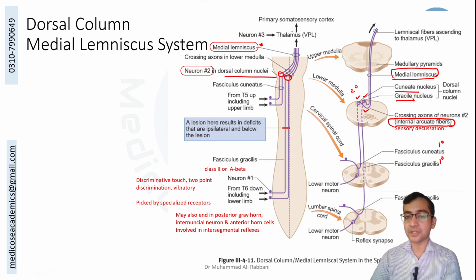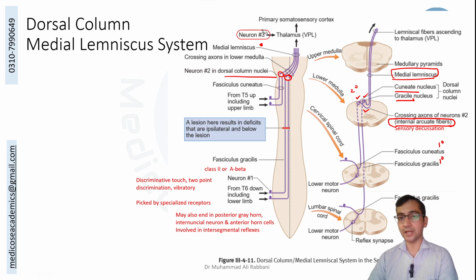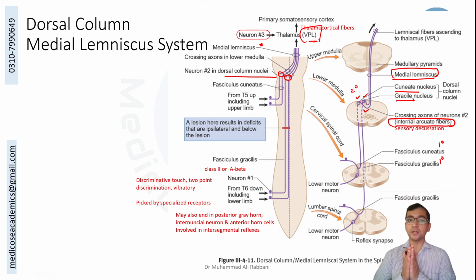As it reaches the thalamus, it ends by synapsing with the third order neuron, the ventroposterolateral nucleus of the thalamus, just like the tract we discussed previously. The third order neuron gives rise to the thalamocortical fibers, which move up through the internal capsule and corona radiata until they reach the primary somatosensory cortex, where all of these sensations are consciously perceived.